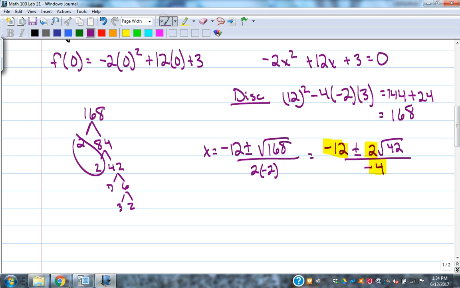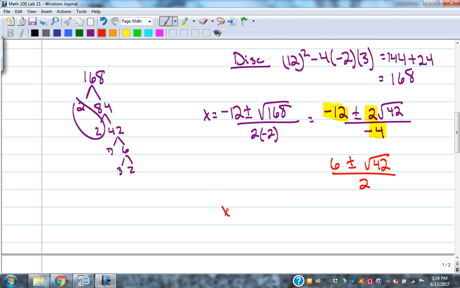So that's how we're going to simplify. I'm going to divide them all by -2. So that gets 6 plus or minus radical 42 over 2. Our x-intercepts would be at x equals 6 plus the square root of 42 over 2, and x equals 6 minus the square root of 42 over 2.